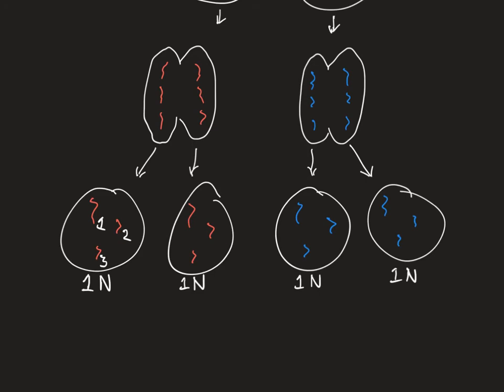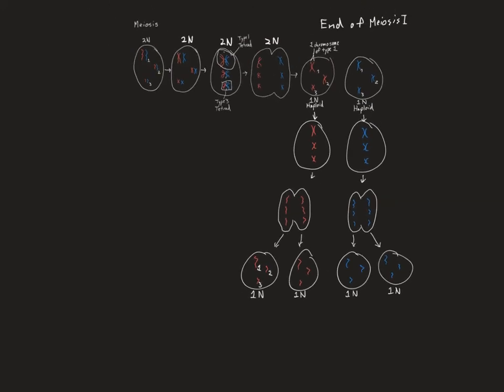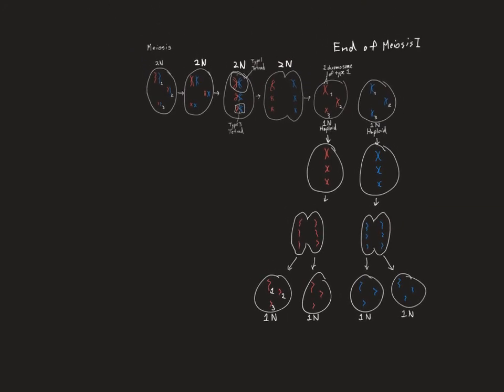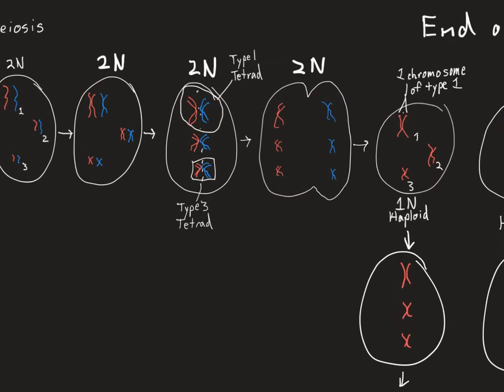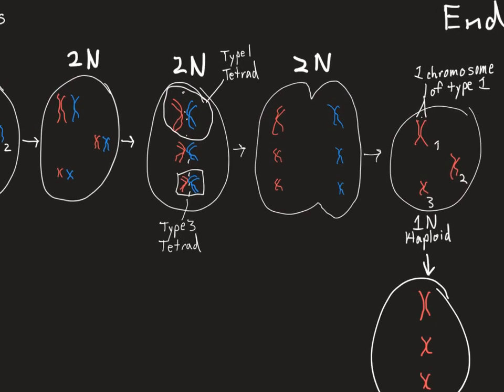What is the ploidy of the parental cell at the start of meiosis? Okay, so let me shrink this again so we can see the whole thing. And so you can see at the beginning, we start with a 2N diploid cell. The next question is, how do chromosomes line up during metaphase, and what actually separates during anaphase in meiosis 1? And so that's what we were talking about here, where the tetrads line up at the metaphase plate.